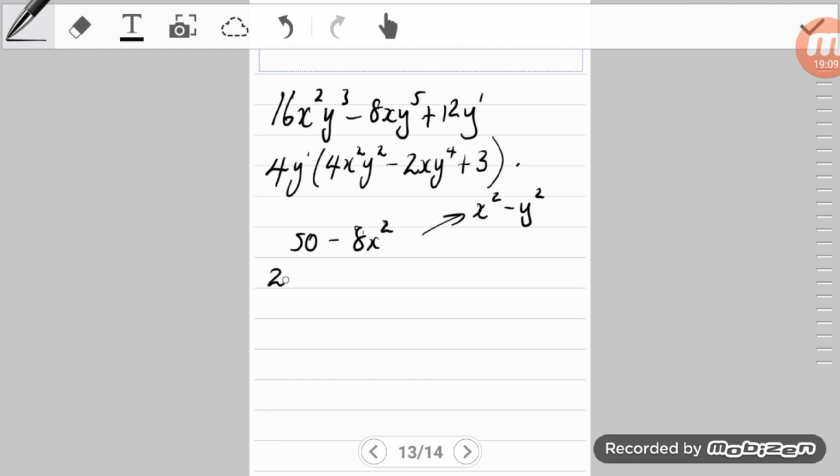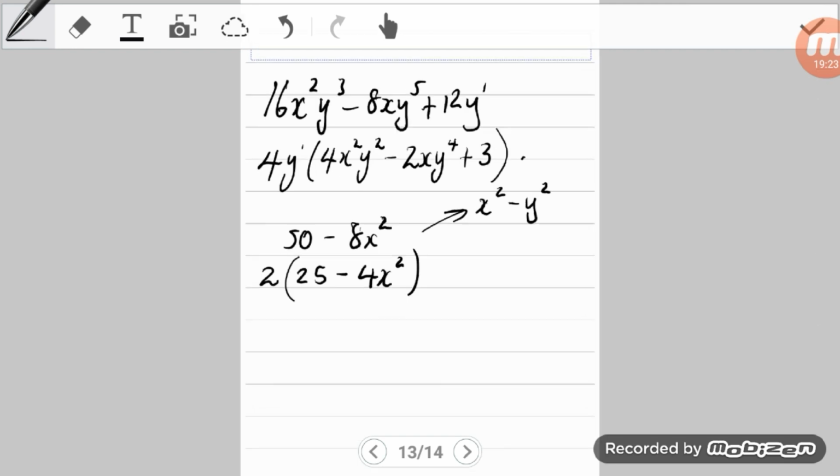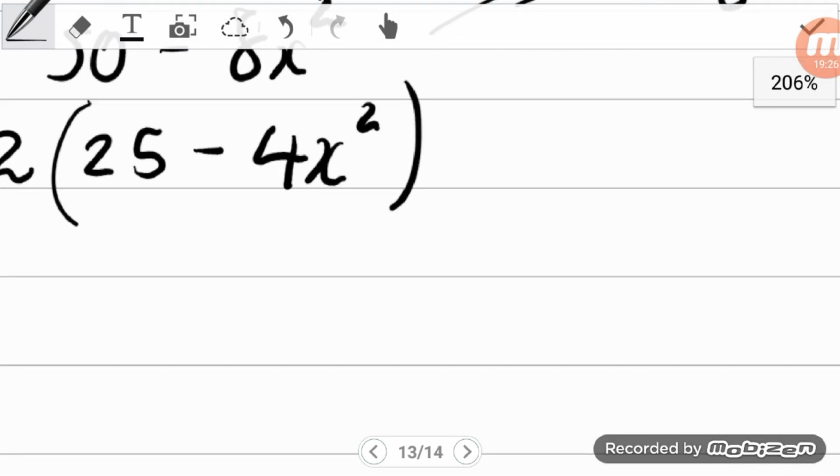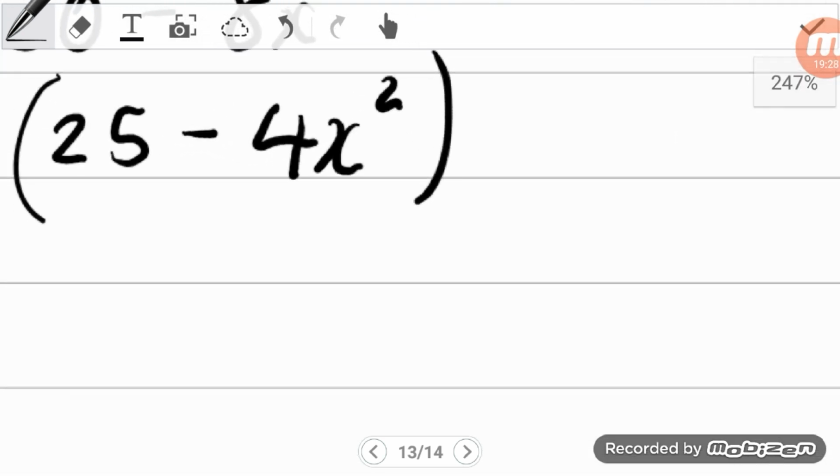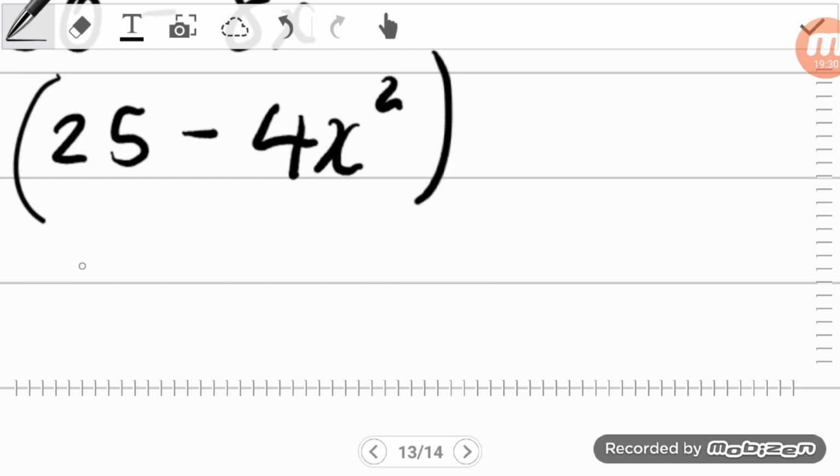So if we take the 2 and we divide into the 50, we should get 25. And we take the 2 and we divide into the 8, we should get 4. And clearly, x squared is going to be left. Now, if you look closely at what is in the bracket, you're going to find that there is actually a number that you can square to get 25. That's 5 squared.